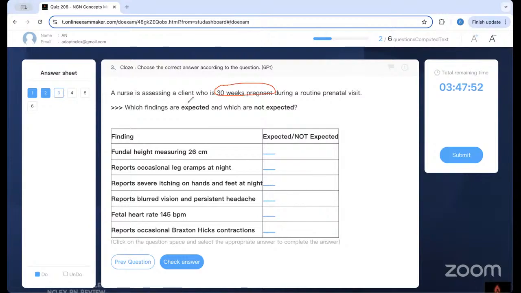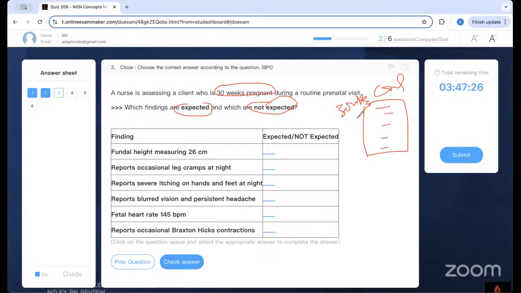Which finding is expected and unexpected. And I rewrite my own question. I said, a 30 weeks lady, what should I see? You see the case, the buzzword, what is being asked, and then rewrite the question. And then I bring my own content bag. I have key things I should expect in a 30 weeks pregnant lady.